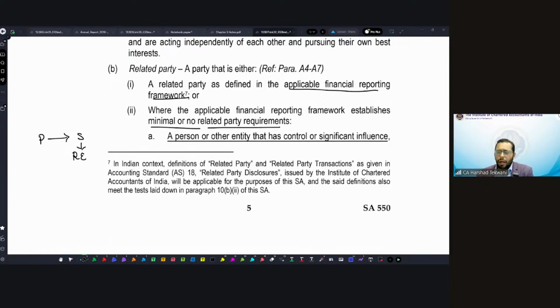Plus, yes, there is a requirement, if I'm not wrong, in the board's director's report, where they need to specify on the related party. So in the director's report also, there is a requirement that the director has to report whether the transactions are at the arm's length price or not. Yes, sir.